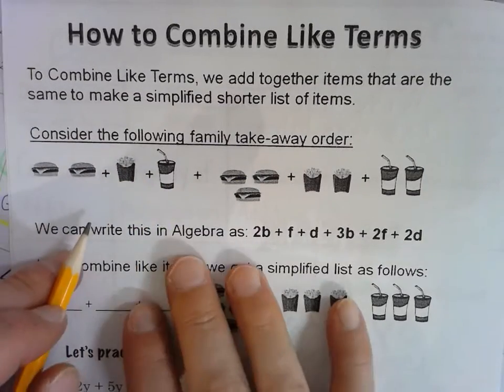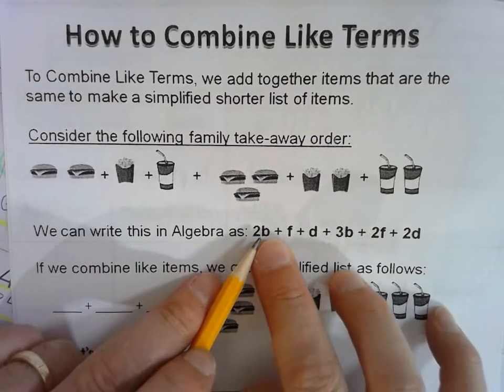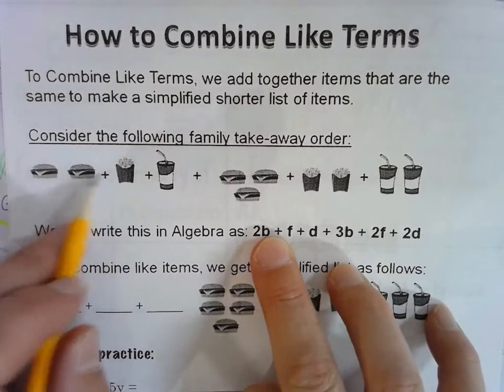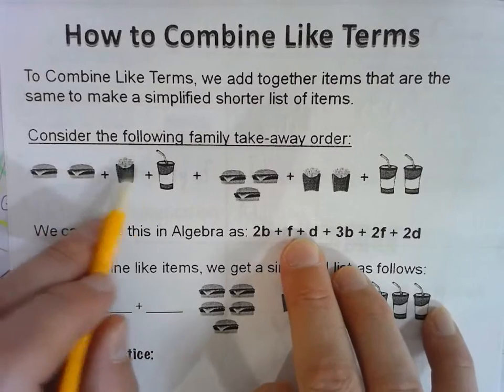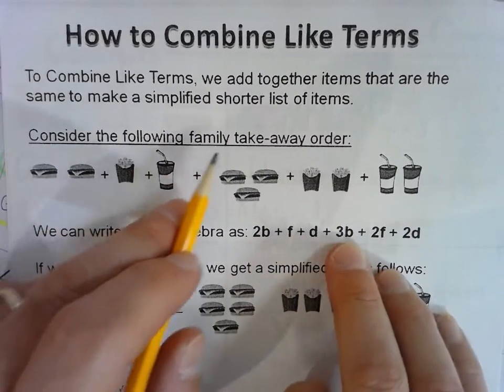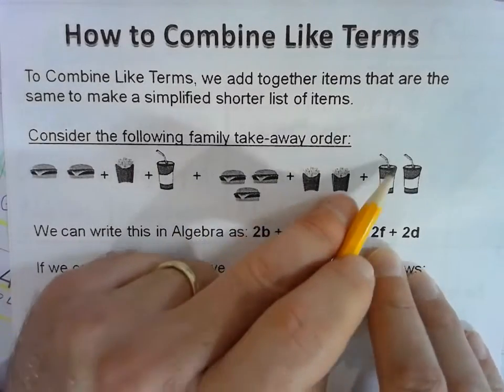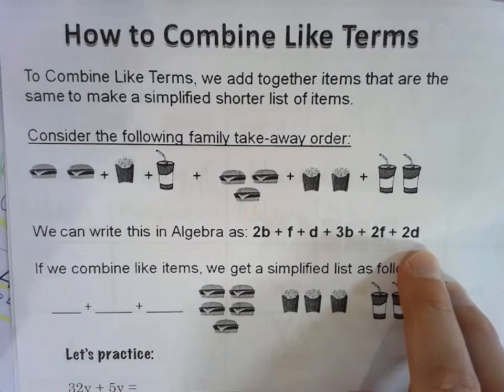When you use math or algebra, you could write it as 2B, the B stands for the burgers, okay? 2 burgers plus 1 fry, F, plus D, a drink, plus 3 burgers, plus 2 fries, plus 2 drinks.